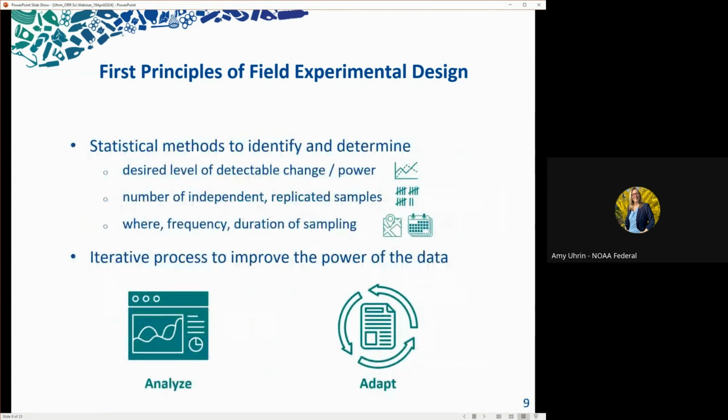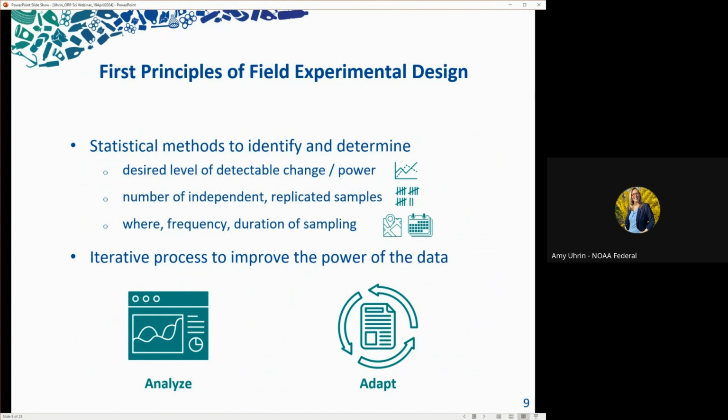Not surprising, these particular methods are really challenging and often exceed the capabilities of most practitioners who are actually going to perform the monitoring. This includes our staff in the Marine Debris Program. We are not super strong statisticians in the sense of large-scale survey design.